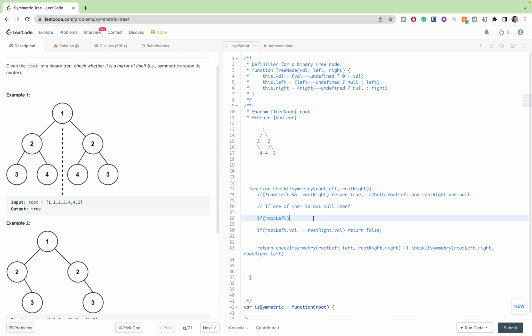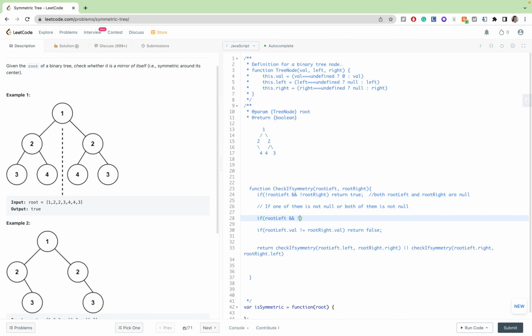then what happens? If one of them is not null, or both of them are not null, I'm just trying to make the code shorter.